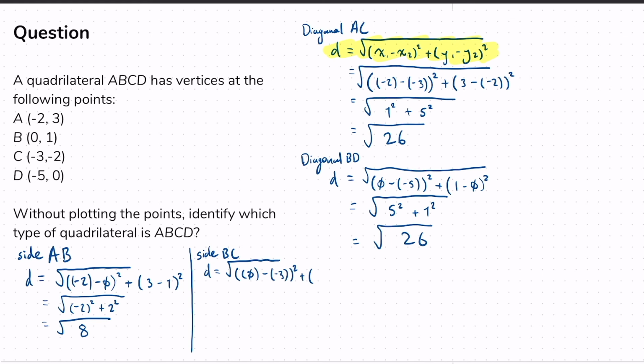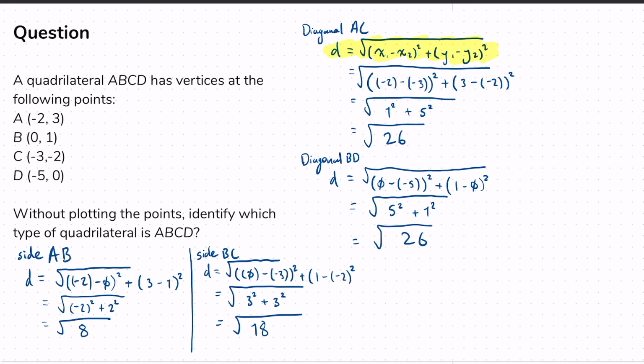So B is 1 minus 2 squared. 0 minus 3, that's 3 squared. 1 minus, that's also 3 squared, which gives us the square root of 9 plus 9, which is 18.